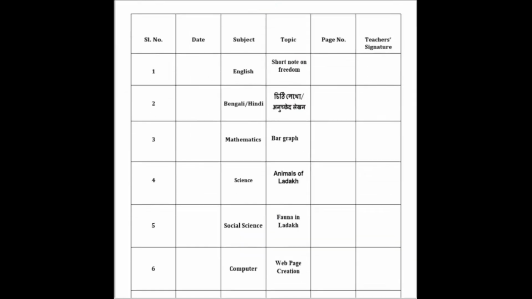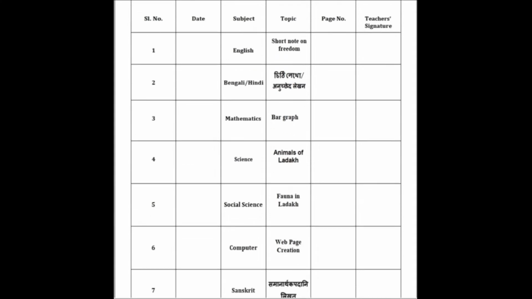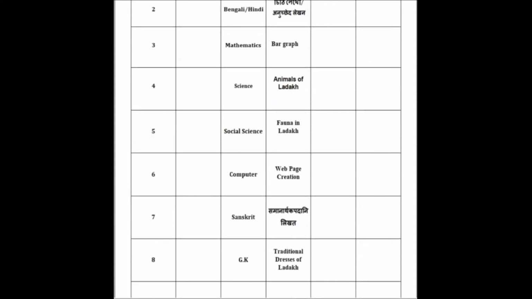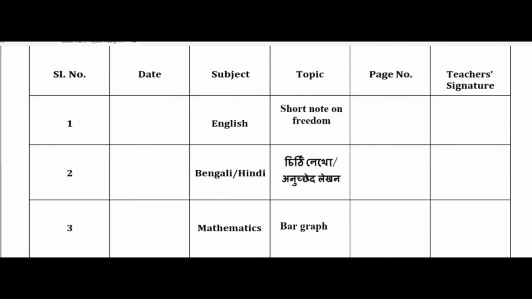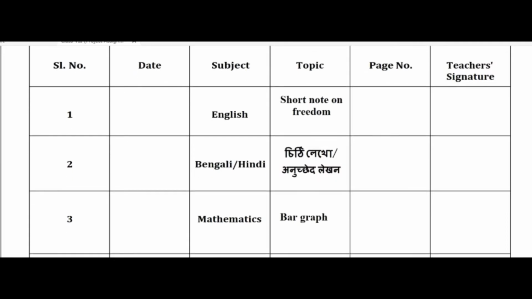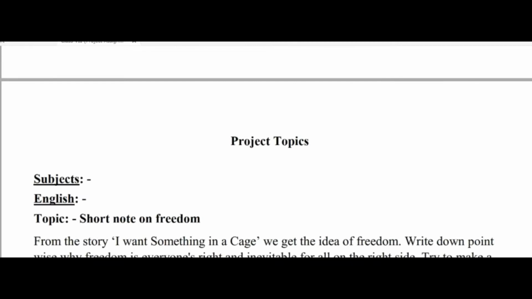Then in the fourth column, you will write the topics of the respective subjects. After that, in the fifth column, you will write page number accordingly and leave space in the last column for teacher's signature. Now I am going to discuss your project topics.